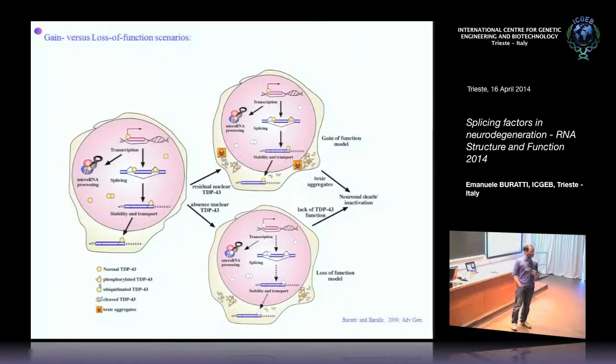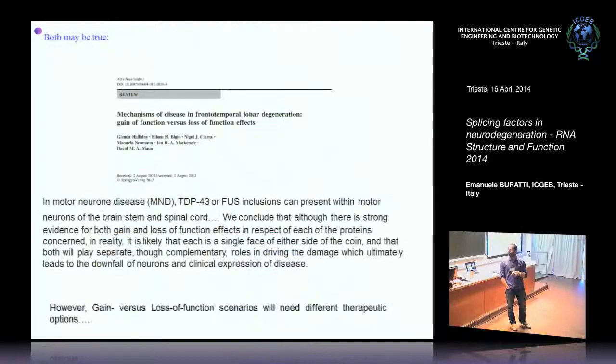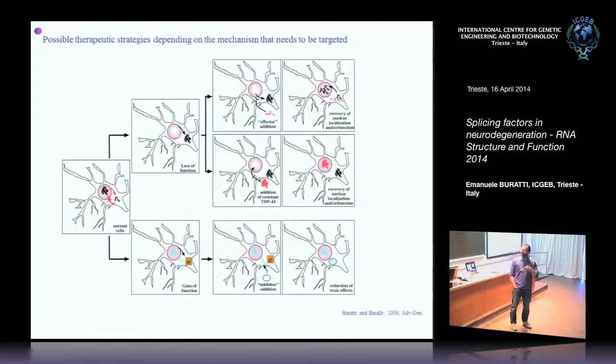Of course, both models can occur at the same time, but it's important, if you want to look at a therapy, which one you want to concentrate on. Because if the problem is that the aggregates are toxic, then you might be looking for molecules, compounds, or other proteins that could disrupt the aggregates.